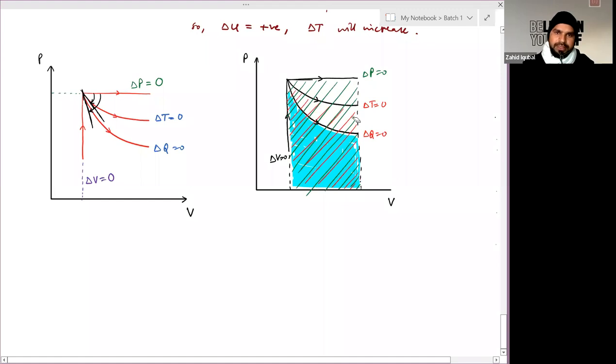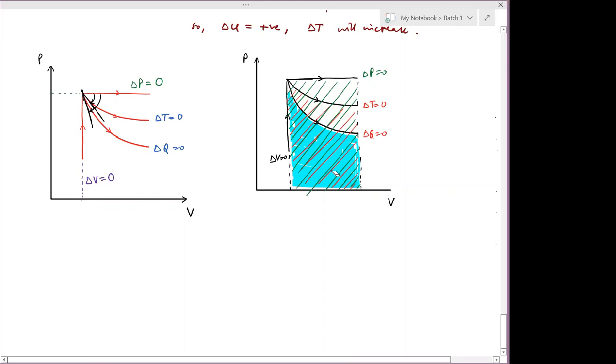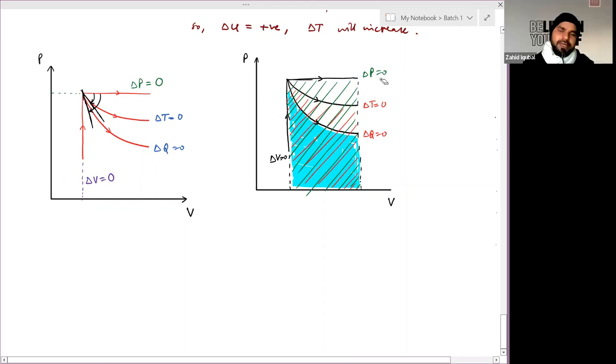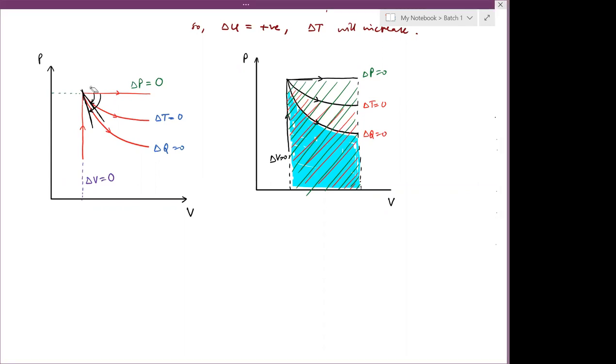So which is more, isothermal or adiabatic? Isothermal. And further, in case of isobaric, this area must be enclosed within this and this, so the total area will be from this point to this point. So which is more, isobaric, isothermal, or adiabatic? Isobaric. Good.